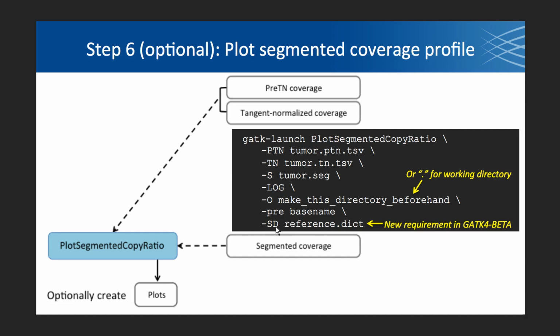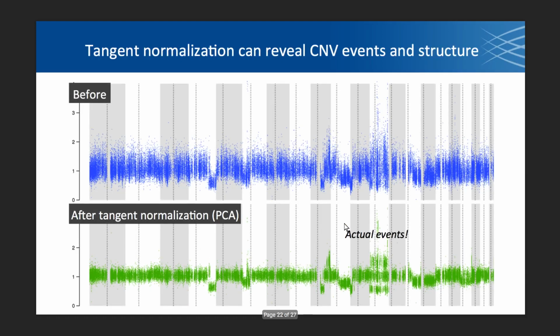And depending on how you order the contigs or the representation of the contigs in this reference dictionary, plotting will just follow in order. So you can tweak the plots to what you want them to be. So you might think that the median normalization is sufficient to see some events, but you want to do the tangent normalization, because you can see here median normalization did not resolve these rather peculiar events.